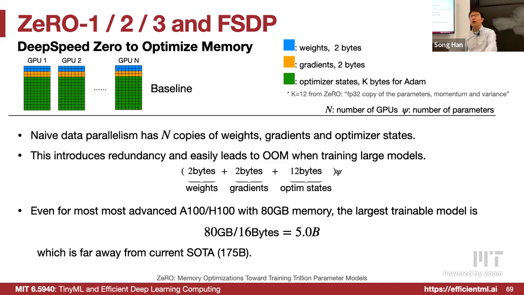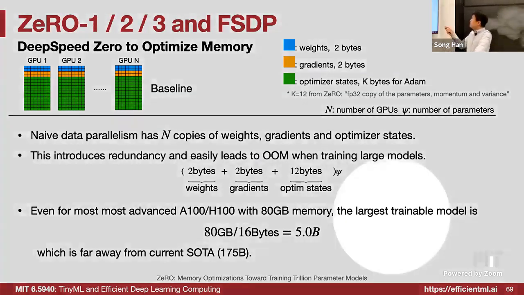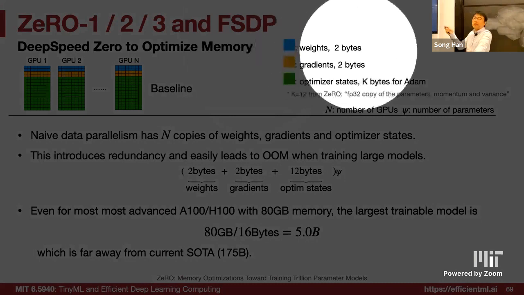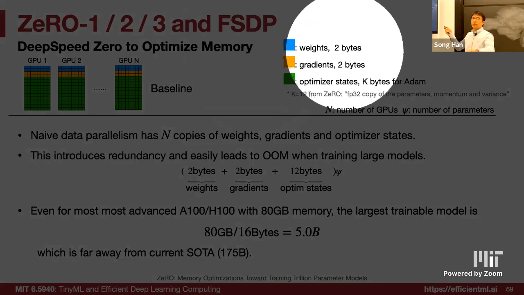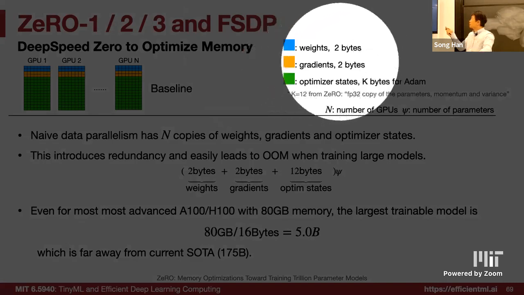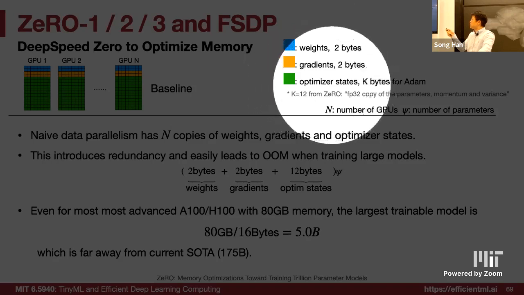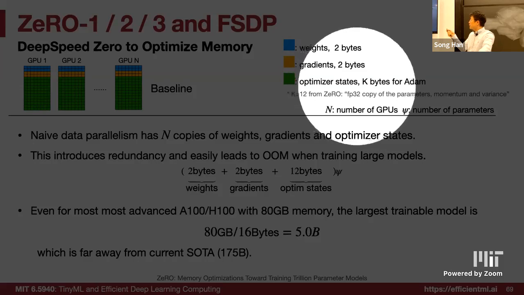So how do we solve that problem, using limited GPU memory to train a big model? Let's first break down the memory consumption to train a single parameter. We can break it down into three components: the weight, 2 bytes per weight, assuming FP16 training, which is already pretty popular these days; and the gradient, 2 bytes, FP16. We also have to store the optimizer states, including three parts.